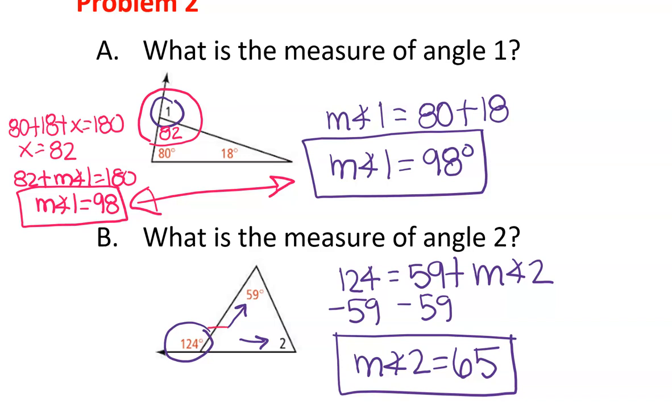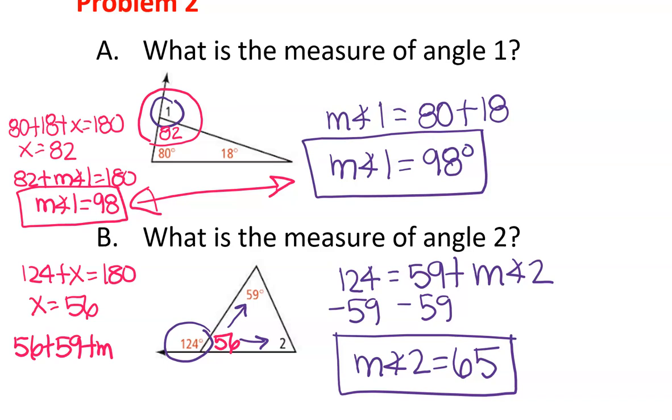So what we're going to do is start here, and say, I want to know what x is first. 124 plus x equals 180 because they are supplementary, a linear pair. 180 minus 124 is 56. Now that we know that, we can substitute it in. 56 plus 59 plus the measure of angle 2 is equal to 180.